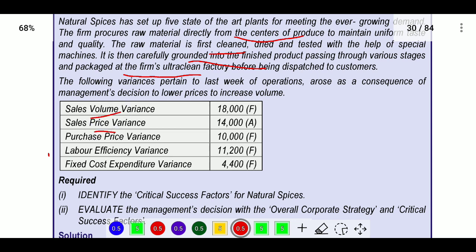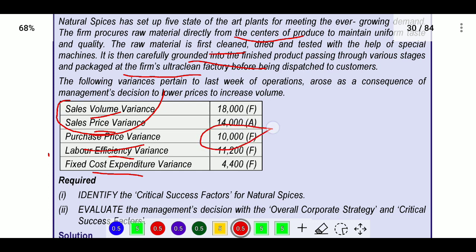It is related to quantity, it is related to price, and purchase price variances. Next, labor efficiency variances and fixed cost expenditure variances. So different types of variances were provided, and here the sales volume will be favorable only, and the purchasing price will also be favorable.